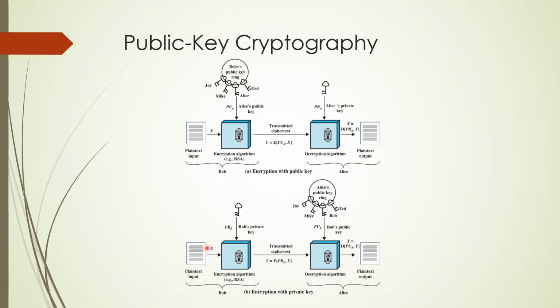He applies his own private key and X, which is the plain text, on the encryption algorithm. Let's say the encryption algorithm is RSA and it needs plain text and a key, in this case Bob's private key.